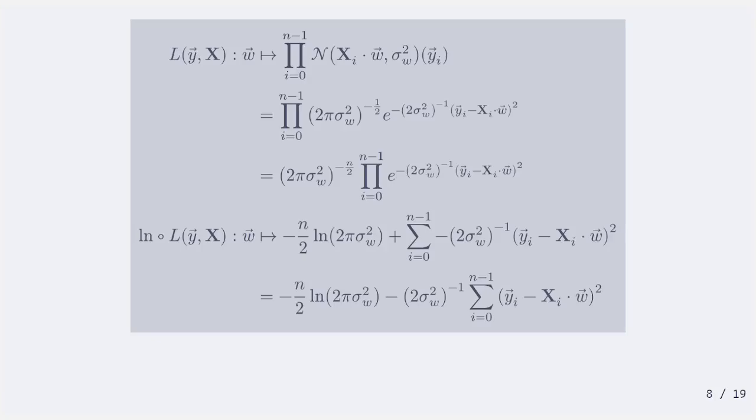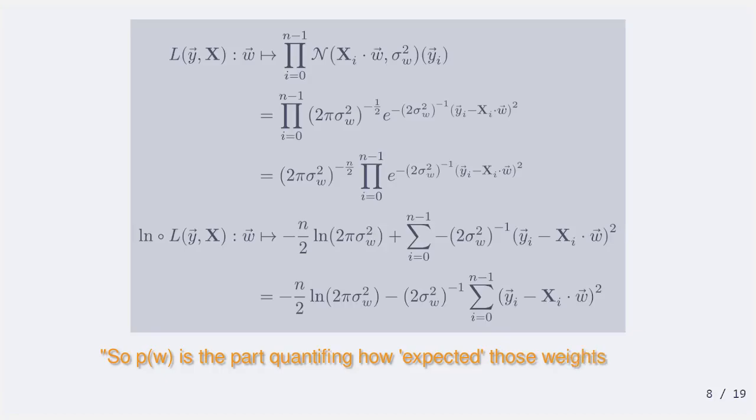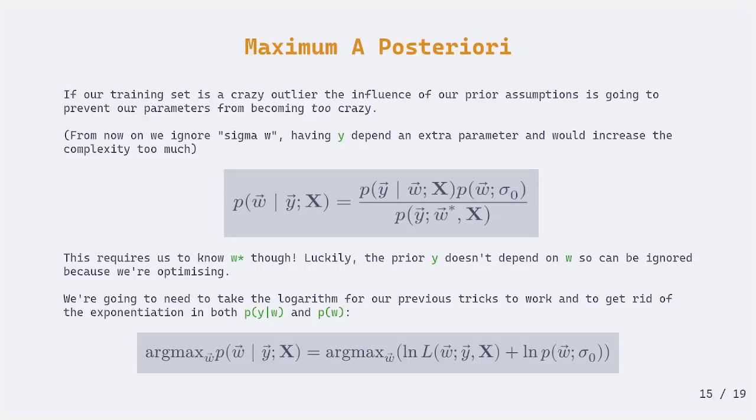If someone's more suspicious without looking at the evidence, that's P of W basically. P of W quantifies how expected those weights are, and that's the source of this external information that we're incorporating into our AI.